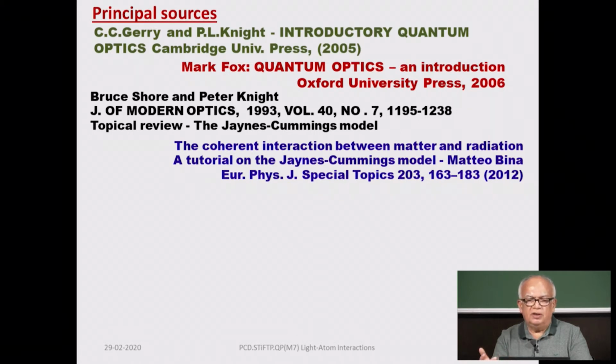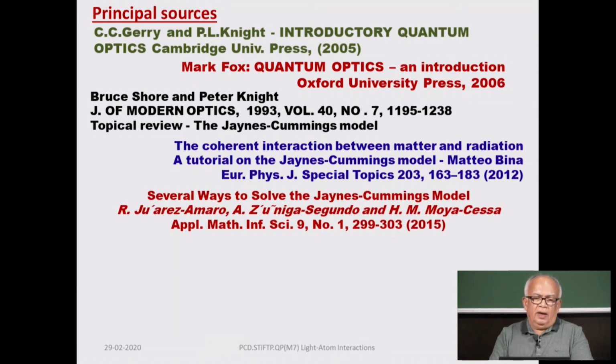It's like a tutorial on the Jaynes-Cummings model, which I have used quite extensively in the discussion. And then a more recent paper on several ways to solve the Jaynes-Cummings model by a group of authors in Applied Mathematics in 2015.